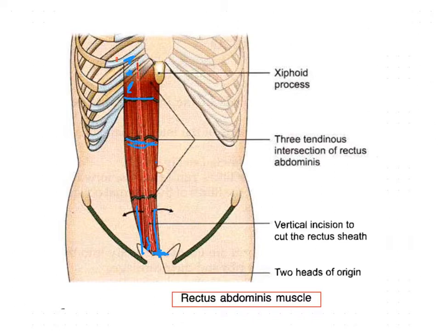In between these two we have another tendinous intersection. A fourth one may also be seen below the level of the umbilicus, and they say this intersection represents the position of lumbar or abdominal ribs.